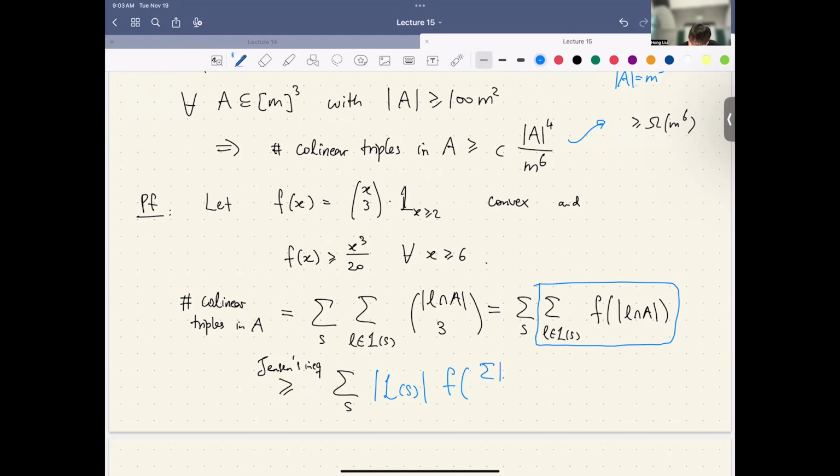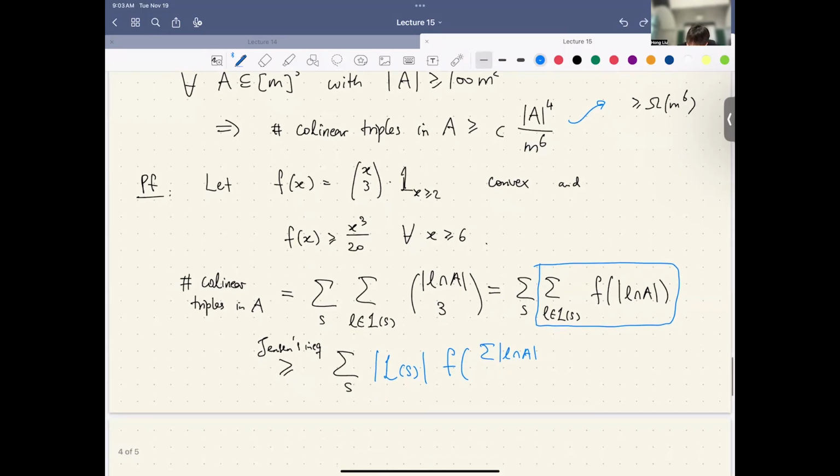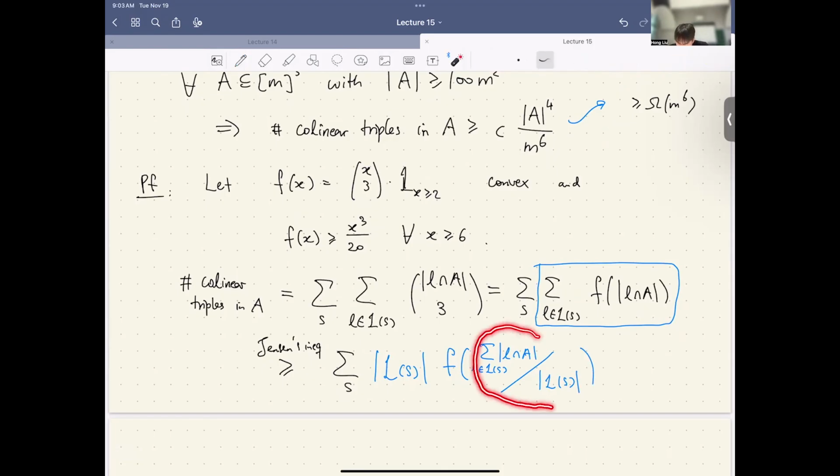Average means you sum up over all these terms, then divide by the number of terms. This is the average size of the intersection of a line L with A in direction S. All right, this is just Jensen's inequality.